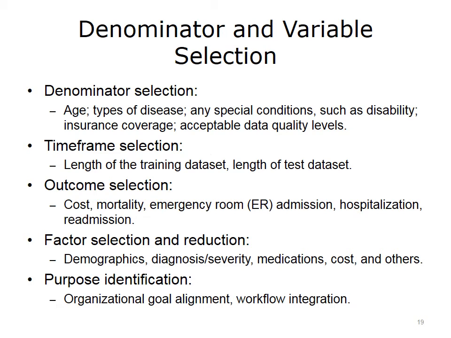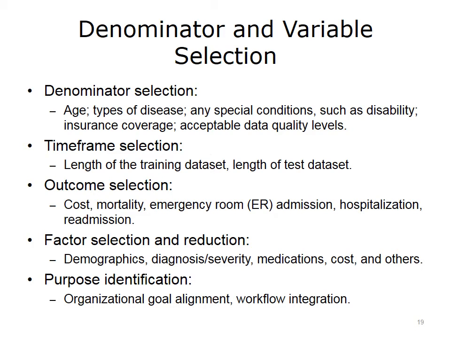Selecting the best and most parsimonious list of factors to predict an outcome is also a delicate task. There are many factors to choose from, especially from non-traditional data sources. Typical predictors are demographics, diagnoses, medications, and current cost. And finally, identifying the purpose of the predictive model is usually a challenge by itself.